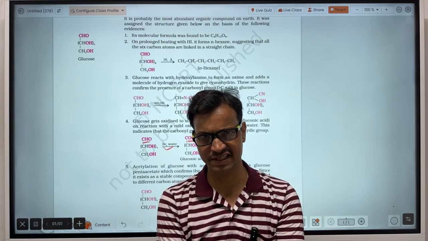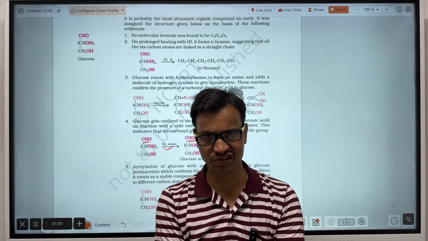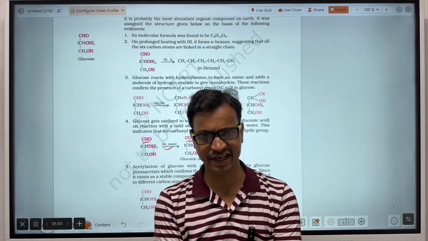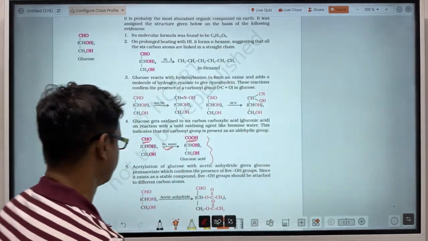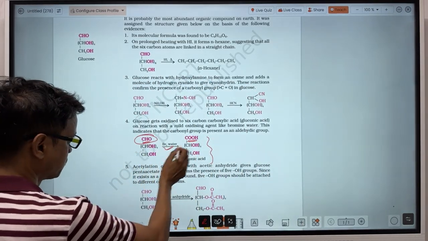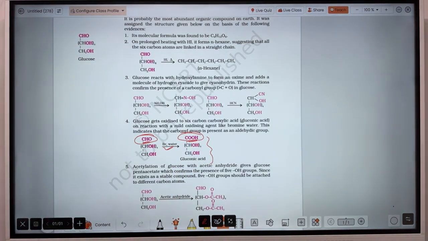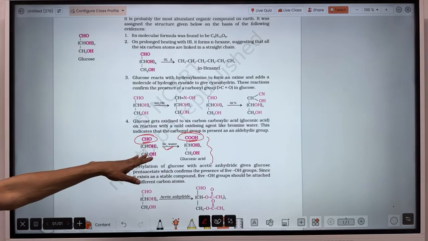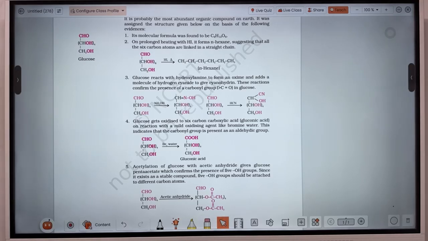Ketone will also oxidize to form carboxylic acid, but there will be dissociation of bonds at some places. So aldehyde gets oxidized to form carboxylic acid. Here the CHO group oxidized into COOH group. So that indicates that glucose is an aldose, that is, glucose contains the aldehydic group.